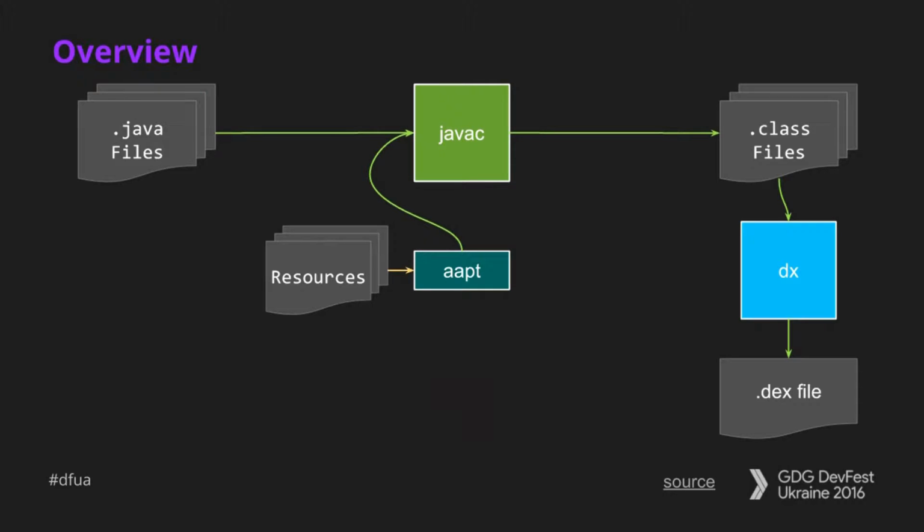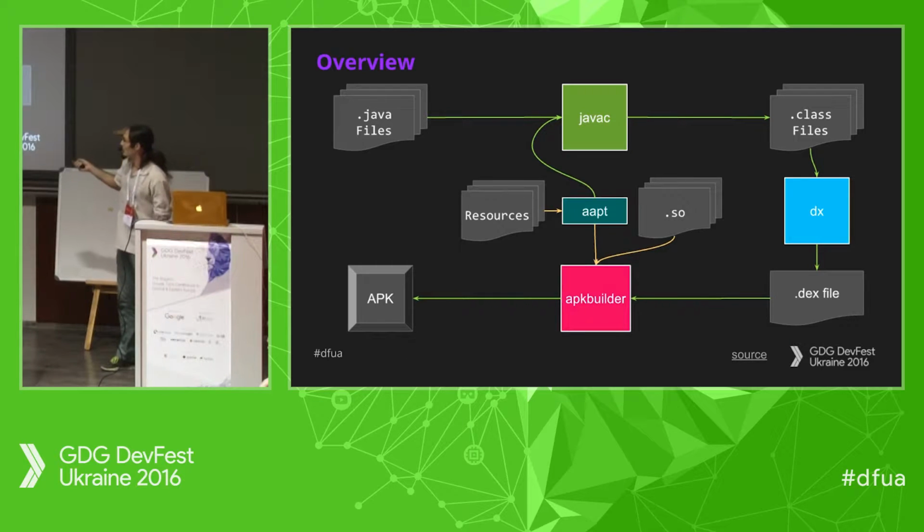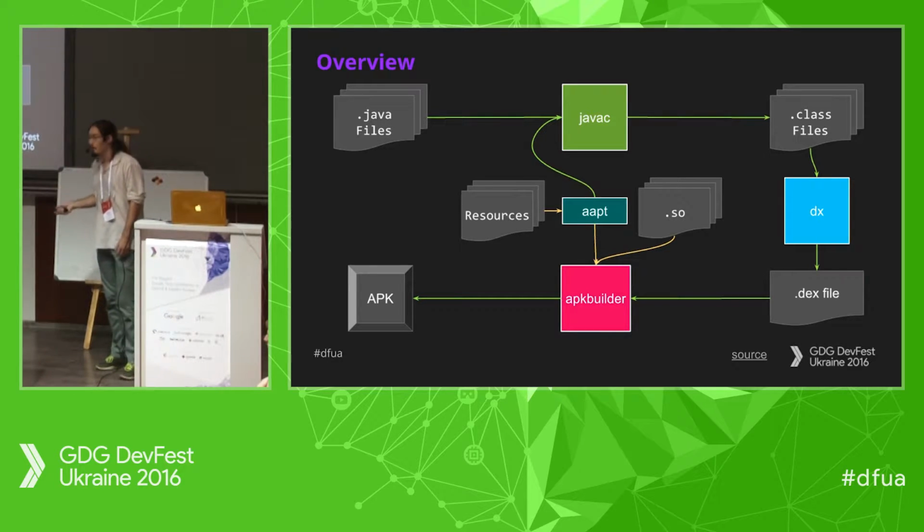But anyway, after this, the APK builder takes the generated DEX file, resources, and SO files that are the result of compilation of the native part of your application, and packs them into an APK.